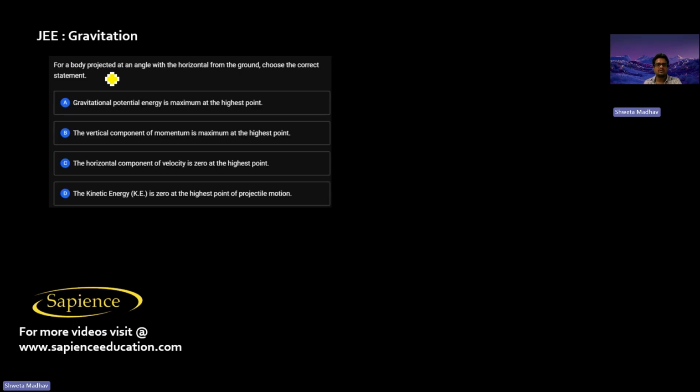Then it is told that for a body projected at an angle theta with the horizontal from the ground, choose the correct statement. The gravitational potential energy is maximum at the highest point, which is true.